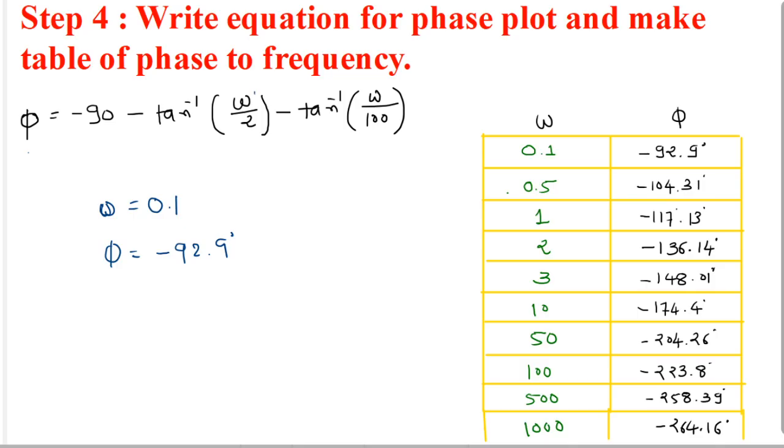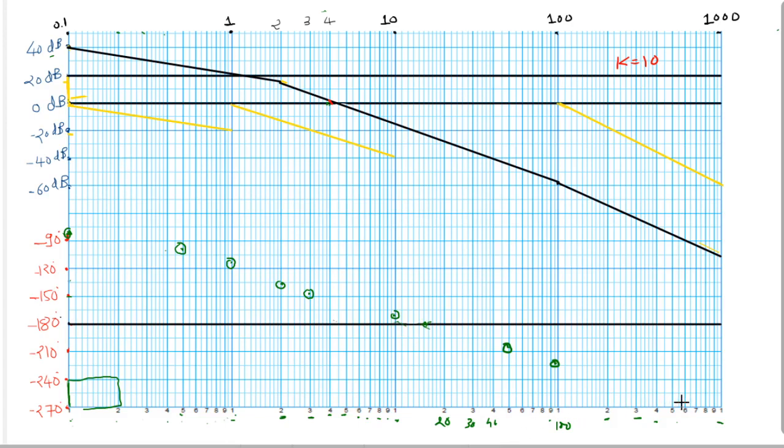Then at 500, minus 258, and at 1000, 264. Now I am drawing the phase angle by connecting all these points. Okay, that is our phase angle.